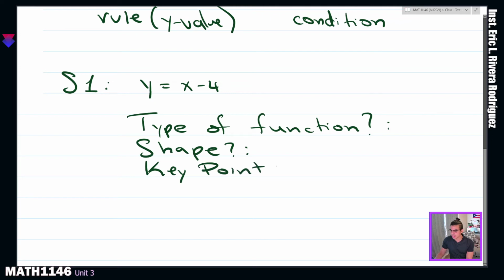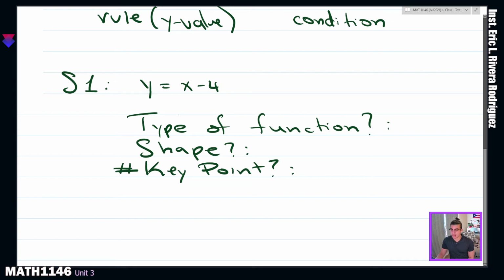This is different from the key points that you have in the library of functions. It is the number of key points you need in order to draw this function.